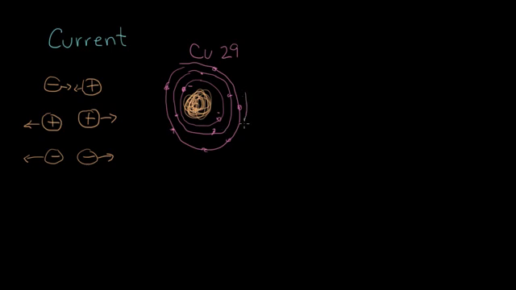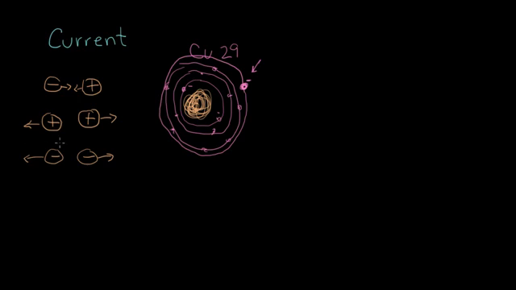And it turns out, just as a coincidence for copper, that the last orbital out here has just one electron in it, that guy right there. And that's the one that is the easiest to pull away from copper and have it go participate in conduction, in electric current.